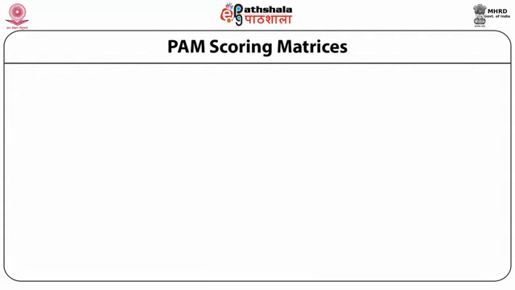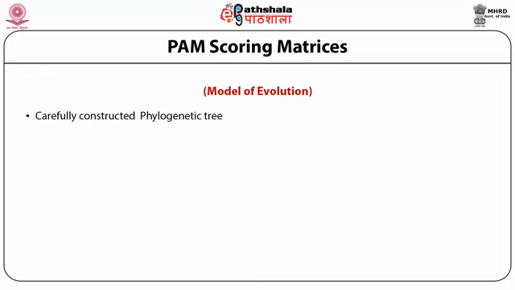Margaret Dayhoff, following a model of evolution, developed several scoring matrices known as the PAM family of substitution matrices. Global alignments of full-length sequences of very closely related proteins having 85% or more identities were created.